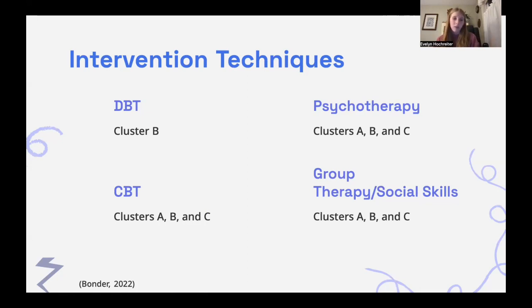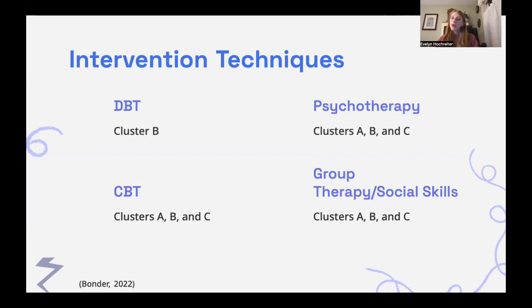Cognitive behavioral therapy works for all of them, clusters A, B, and C. Some of them benefit more from psychotherapy, which targets behaviors more than cognitions. Specific to behaviors, you'll see this with cluster A, B, and C. Usually it's going to be paired up with psychotherapy and medicine. With any mental health disorder, pairing up therapy and medicine is usually the best bet.